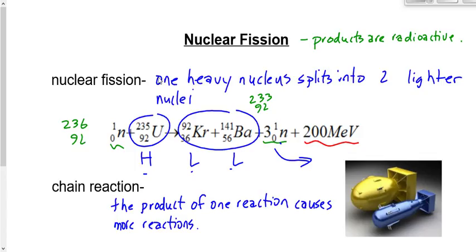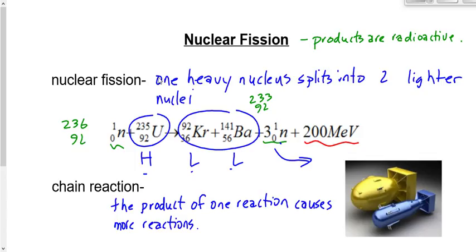The fallout would cause all kinds of issues with people, right? Talked about some of those things earlier, right? Cancers, cataracts, genetic mutations. The products of nuclear waste would be radioactive as well, but at least we'd be able to deal with those in a little bit safer way. Usually we end up burying them and encasing them in concrete to basically keep people from being exposed to it. Make sense?